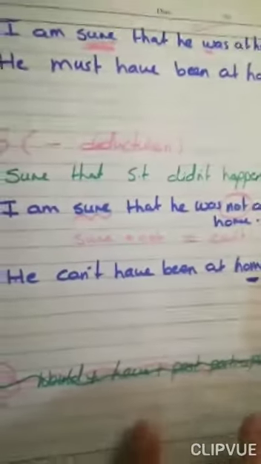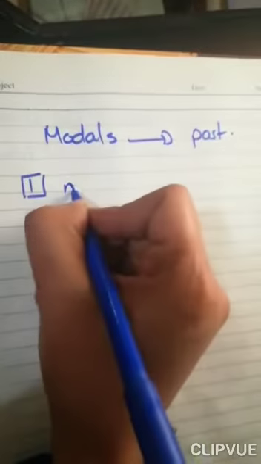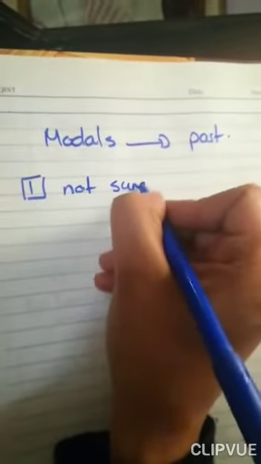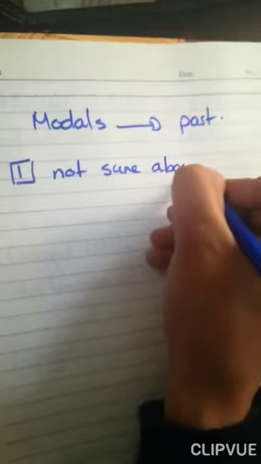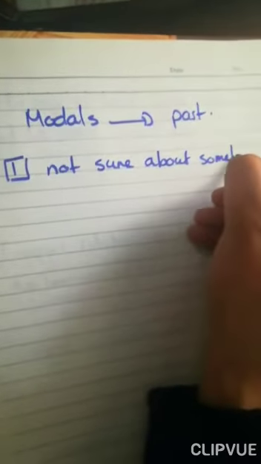Now if we want to rewrite them and make things clear, here I have modals in the past. I have divided them into three groups. The first group is when you are not sure about something.